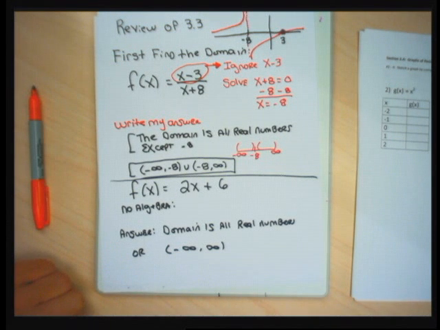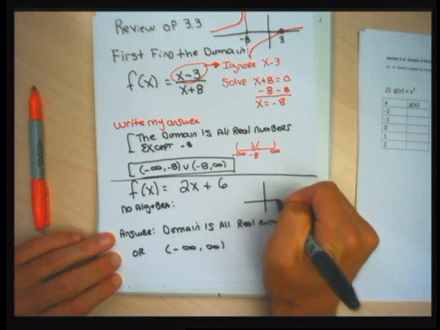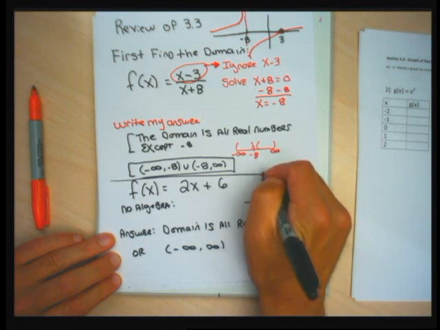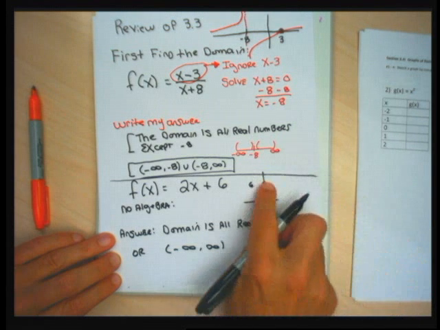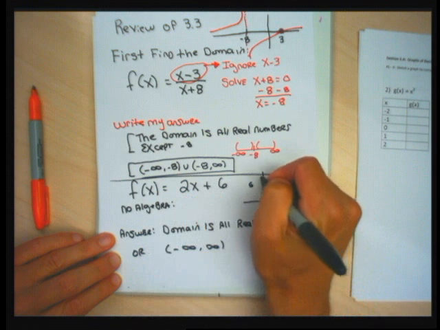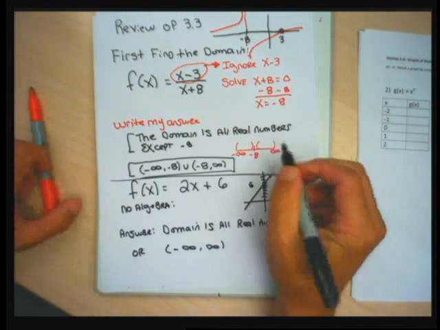If I wanted to graph this, because you're visual, I know the graph is a line. It's not necessary to graph, but if you're visual, I plot 6 on the y-axis, slope is 2, so I'd go up 2 over 1. And the graph would look something like this.